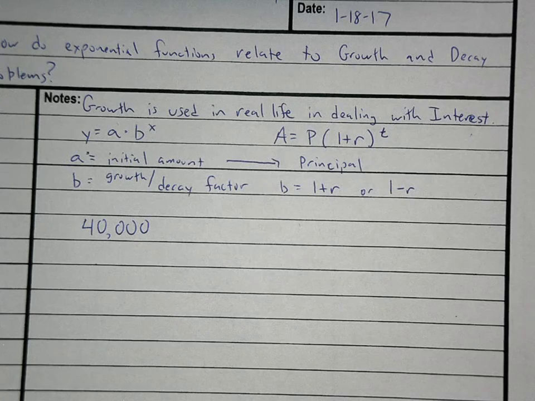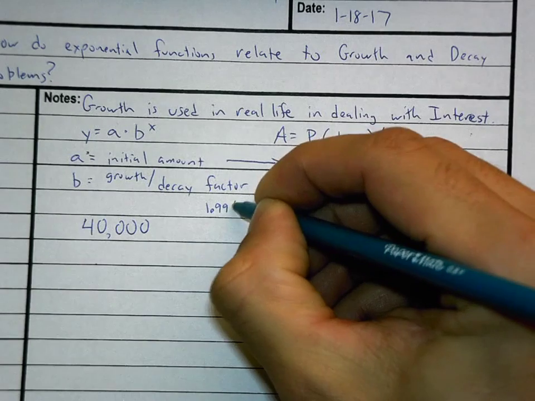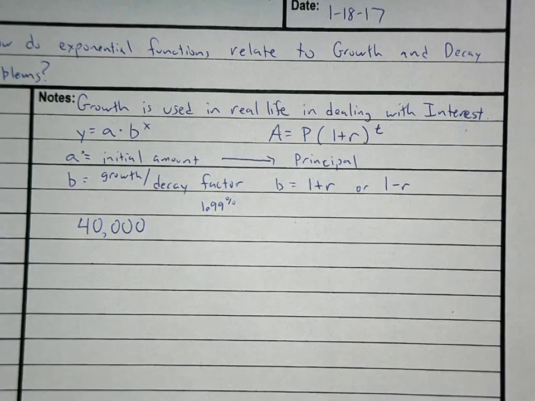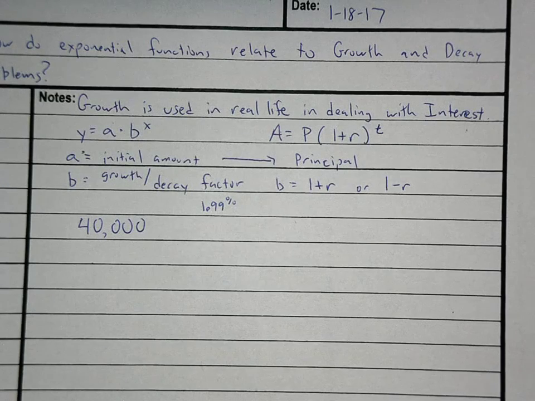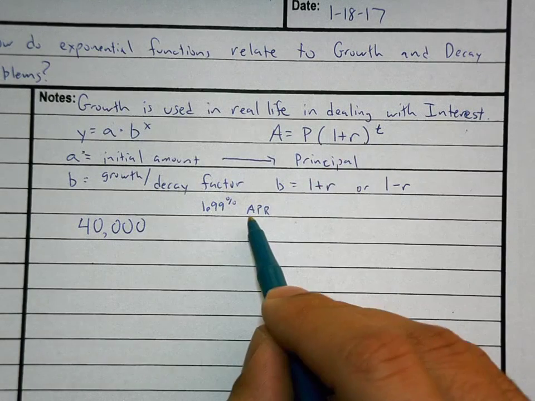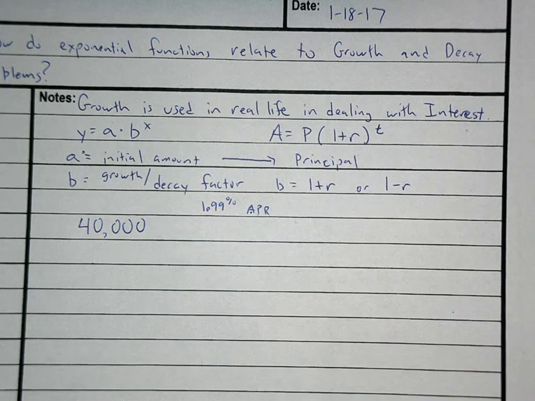If you see a car commercial that says there is 1.99% financing, let me write that down. 1.99% financing. That does not mean that you pay 1.99% total, because it depends. When it says APR, this means annual percentage rate.